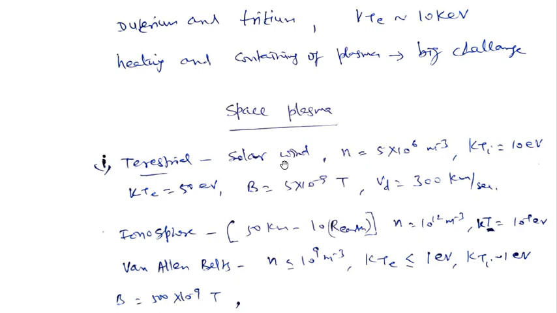Typical parameters for the solar wind are: number density 5 into 10 to the power 6 per meter cube, ion temperature about 10 eV, electron temperature about 50 eV, magnetic field around 5 into 10 to the power minus 9 Tesla, and drift velocity 300 km per second.